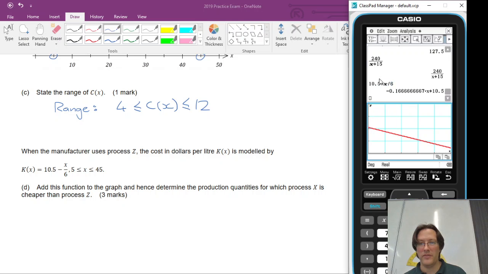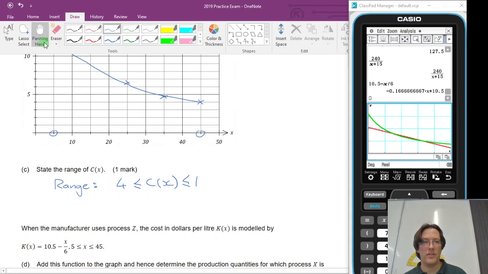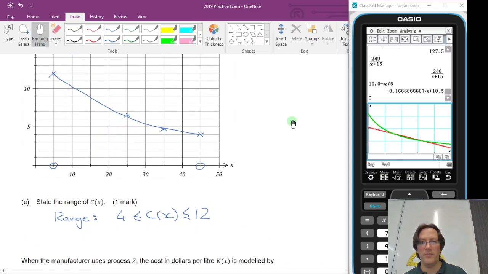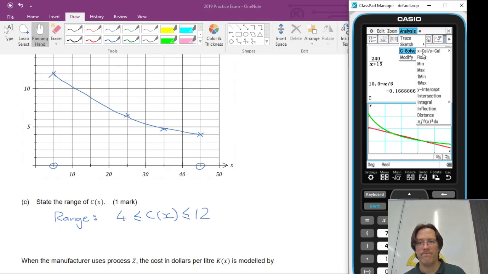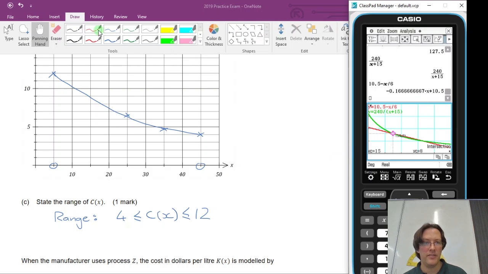Whack that on what we've got there, whack our other one in there as well. The production quantities, there we are, 12. So what are the production quantities for which it's cheaper? We find our intersection, 15 and 8.